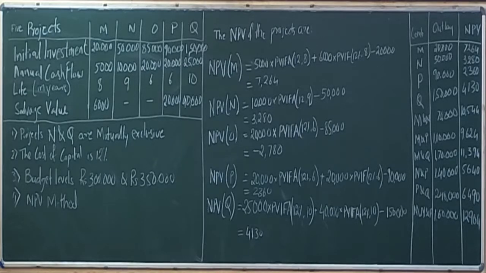Cash outflow in period 2: for project 1 it is 8,000, for project 2 it is 12,000, for project 3 it is 20,000, for project 4 it is 30,000, for project 5 it is 40,000, for project 6 it is 60,000.